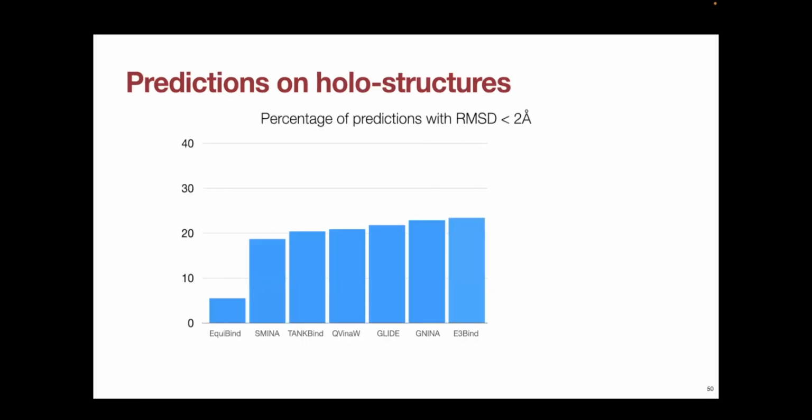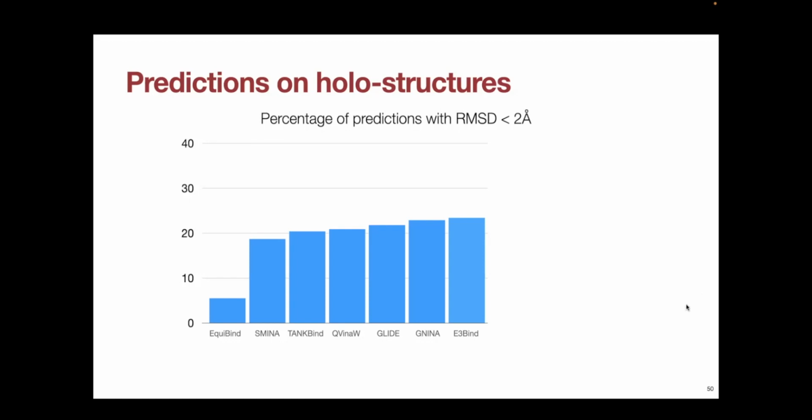Okay, so the first set of results that we are going to see is when we provide to the methods the holo structures. This means that we actually feed into the methods the exact structure that the protein will take when it is bound. This is typically the way that these methods are evaluated, although one could argue that it's not very realistic.